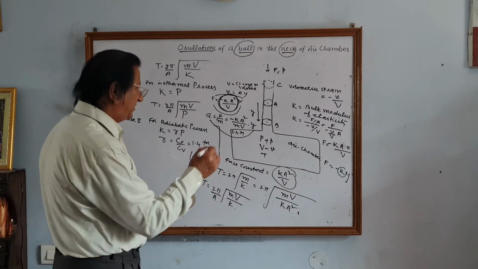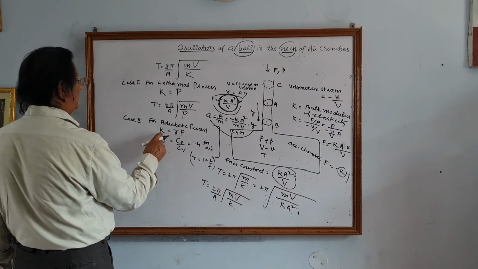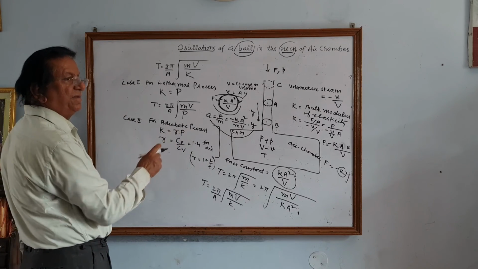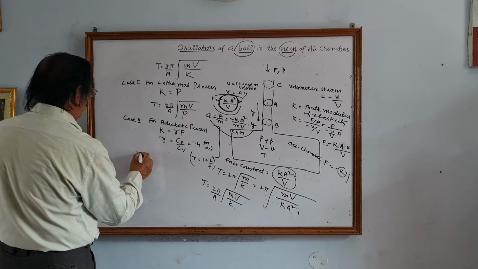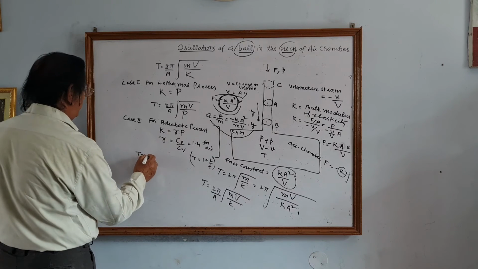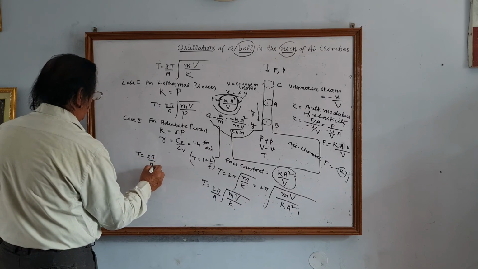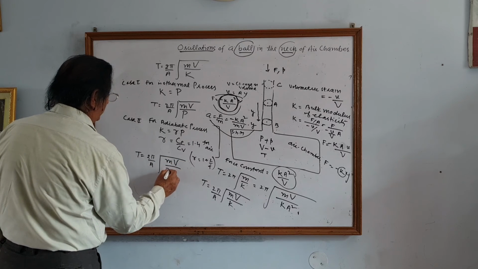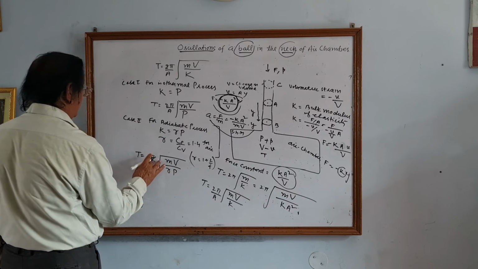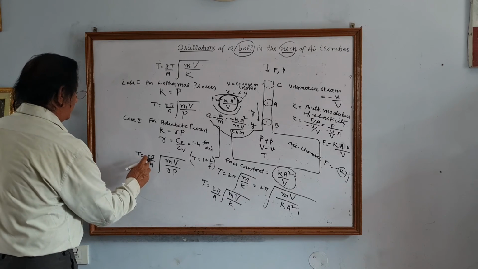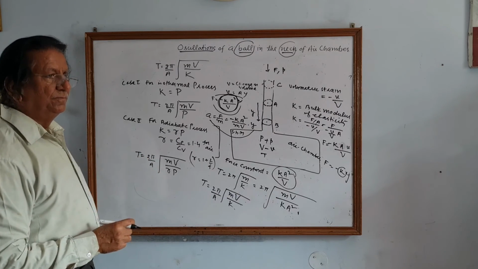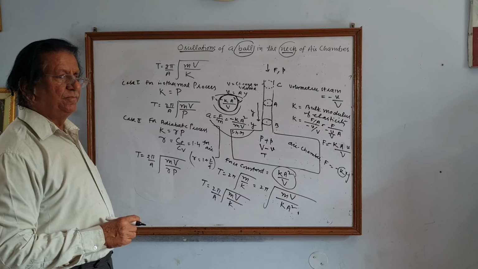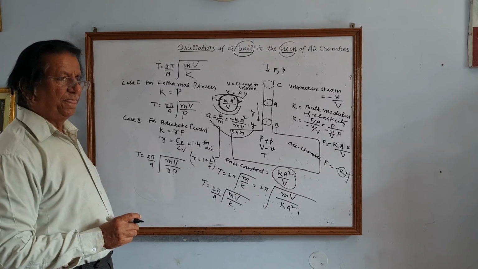Clear? So if this process is adiabatic, then the bulk modulus will be gamma times P. Then the time period of oscillation of this ball will be 2π/a times the square root of mV by gamma P. Clear?